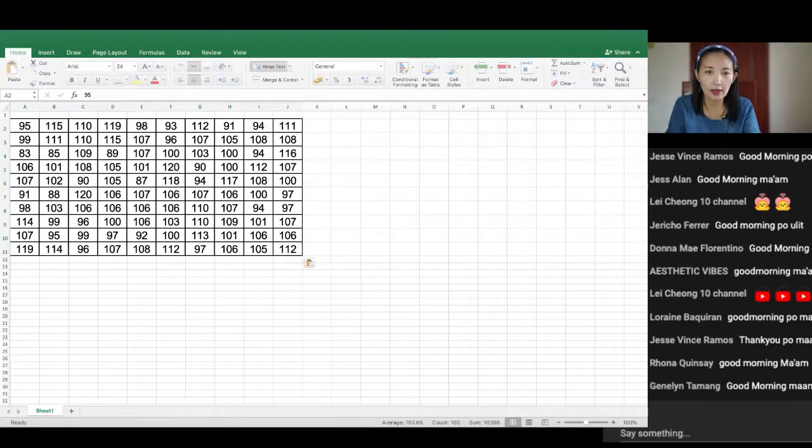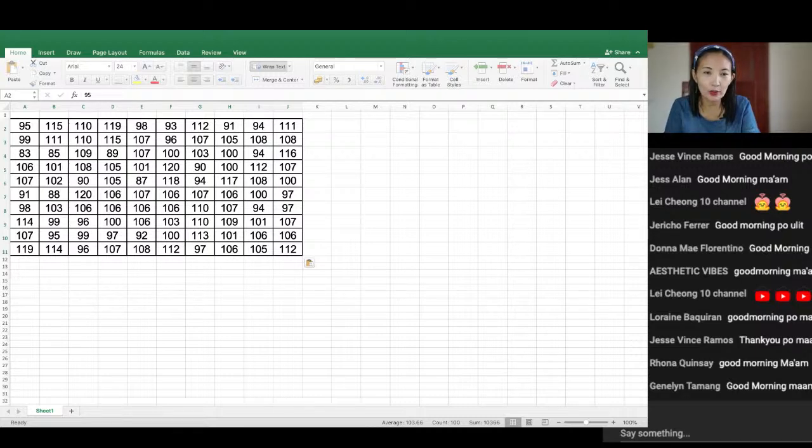Can you see this now? So this is our data. I got this from the PowerPoint presentation which I sent to Lens. It's in slide number 3, a data set of IQ of 100 freshman students of the College of Allied Health Sciences.